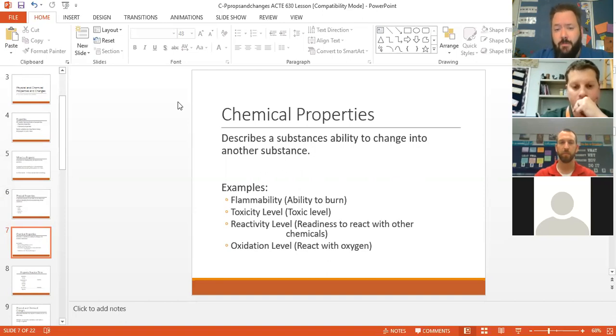A good example that you guys may be very familiar with is baking soda and vinegar. Those two substances are extremely reactive. They're very willing to react with each other to form the stereotypical volcano from your childhood, where you have all the white foamy bubbles show up after you mix those two things together. And lastly, I have oxidation level. In looking at a substance, it's really hard to determine that without changing the substance.